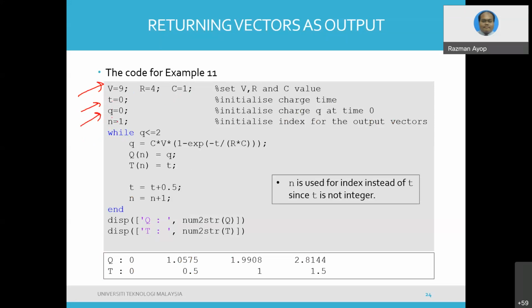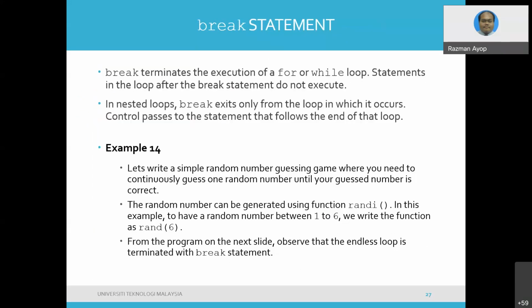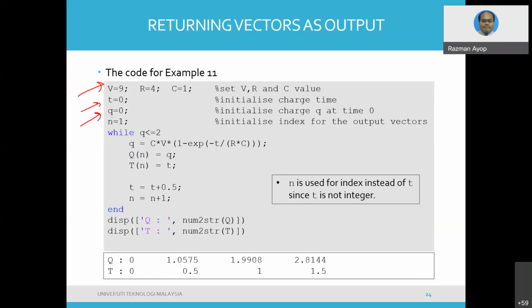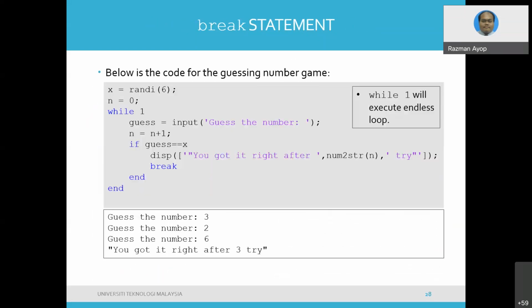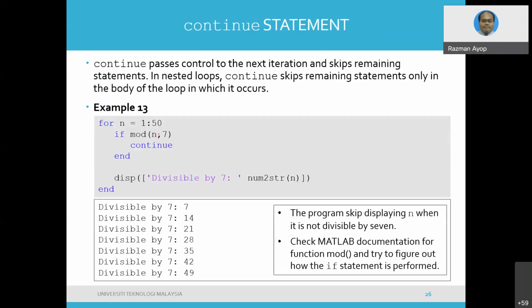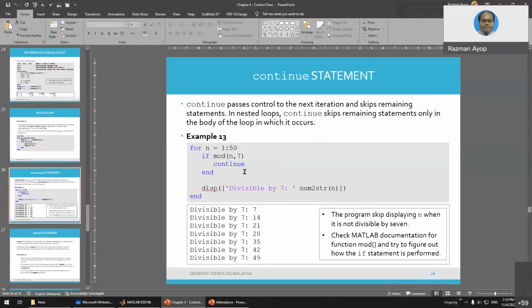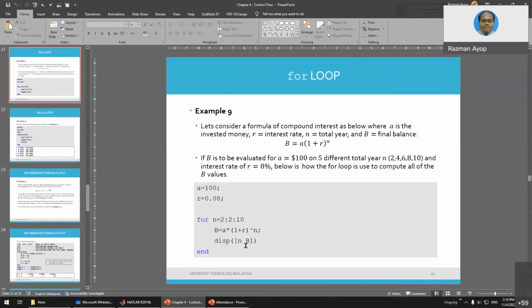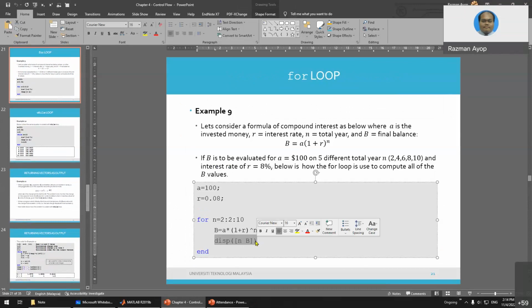And for this case, because you want to save all the values, previously you can see that you print every time the loop is done, so you don't need to store any value.